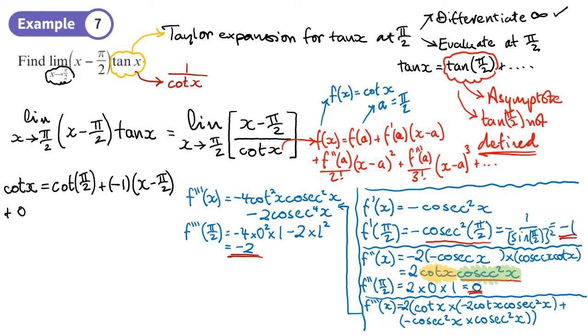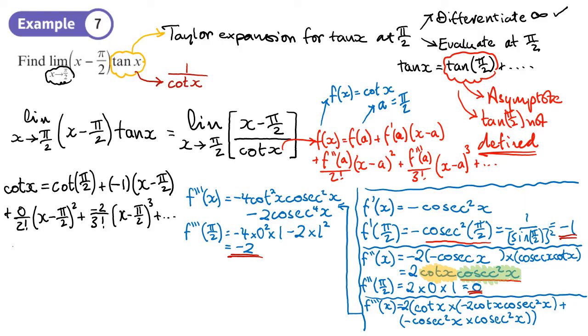So we've got 0 over 2 factorial times by x minus pi over 2 squared, plus f triple dash of a, which was negative 2. So it's negative 2 over 3 factorial x minus pi over 2 cubed, plus dot dot dot.